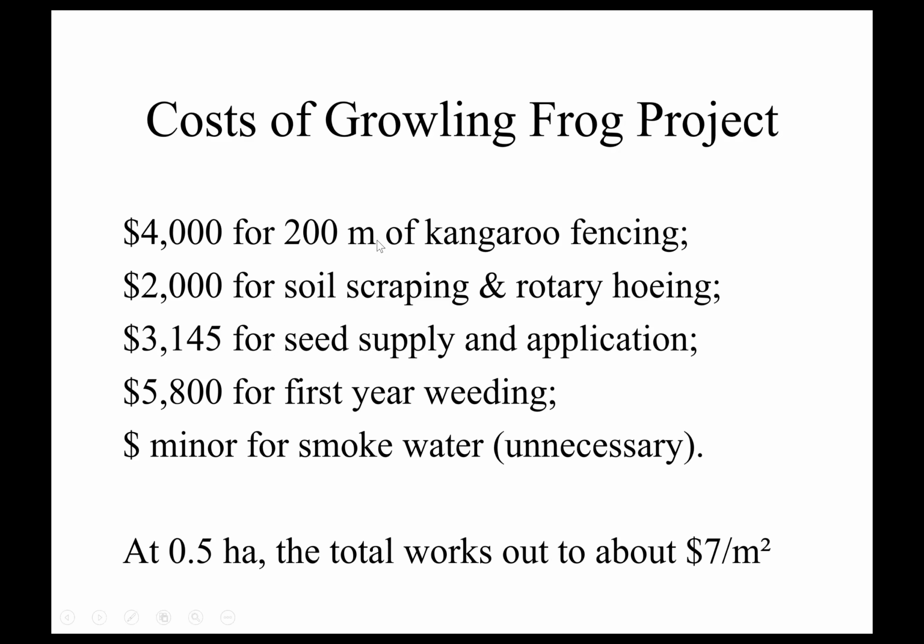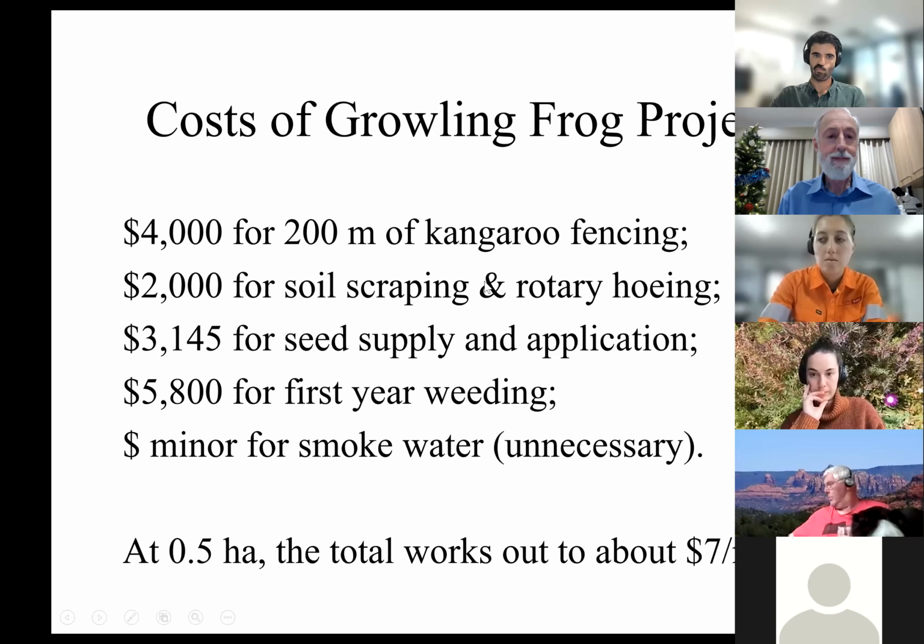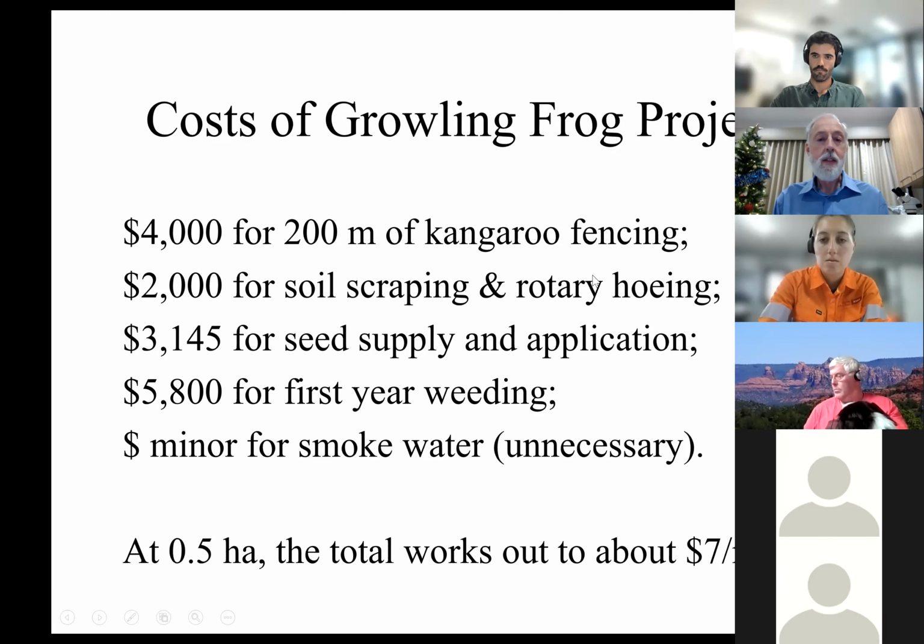Yeah, Graham. Go ahead. I was wondering, how did he decide that the rotary hoeing was sort of unnecessary? Like, what made him think that? Because I imagine the soil still would have been quite compacted. Yes, it probably would be compacted, but you saw what happened with Alan Lodge's project.